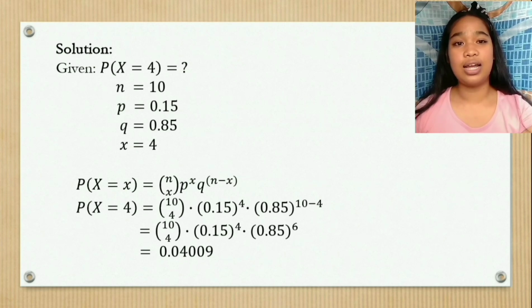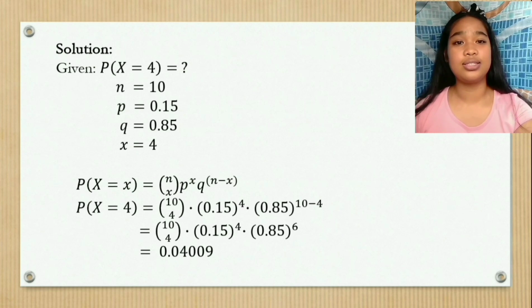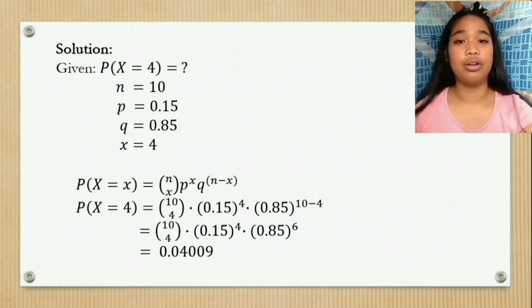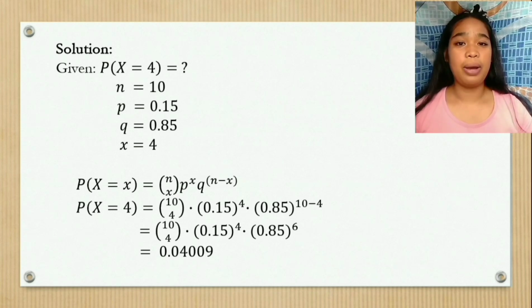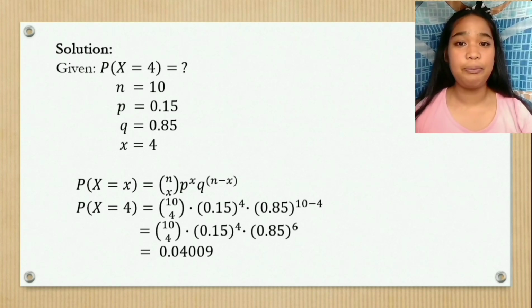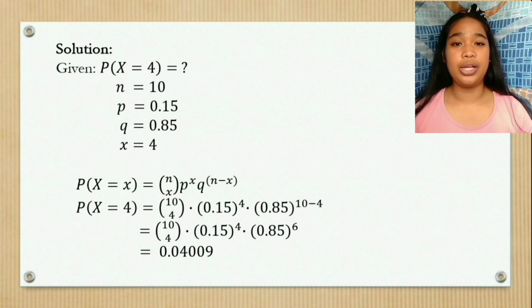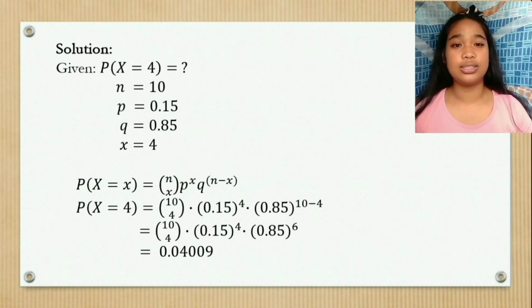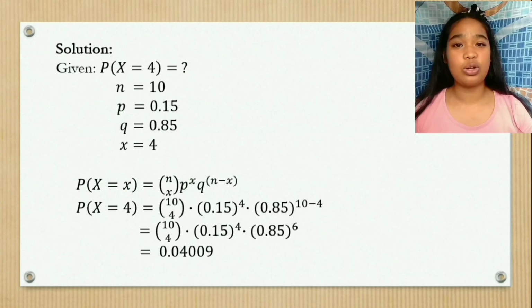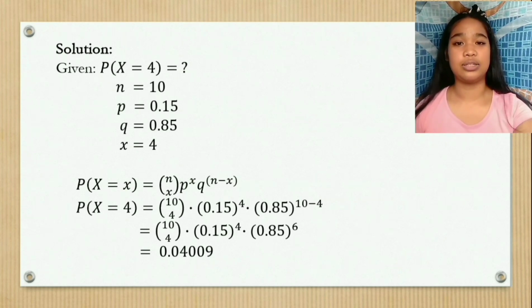So, ang x kay equals to 4, kay ang 4 candies ang atong pangitaon. So, atong i-solve gamit ang binomial distribution formula. Probability of x equals n choose x times p raised to x times q raised to n minus x.